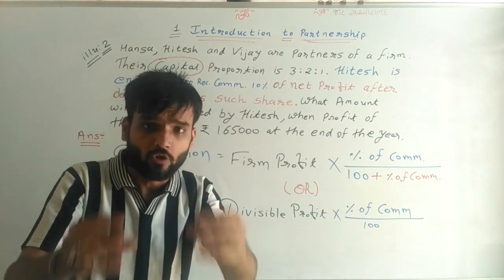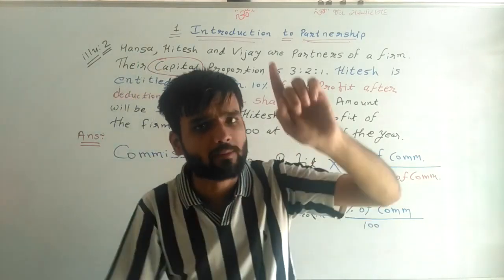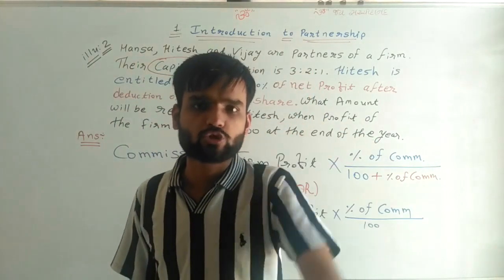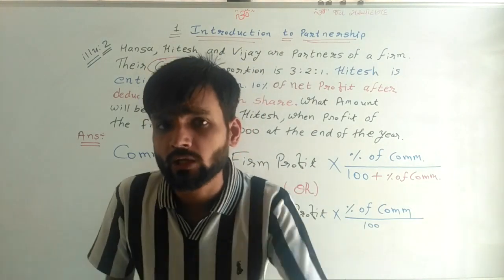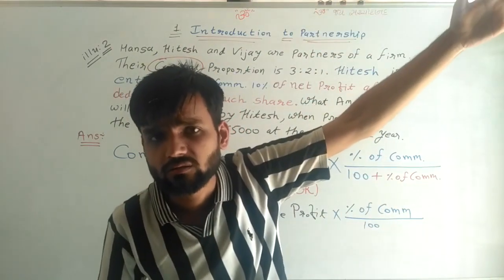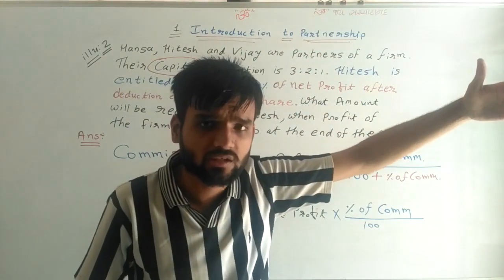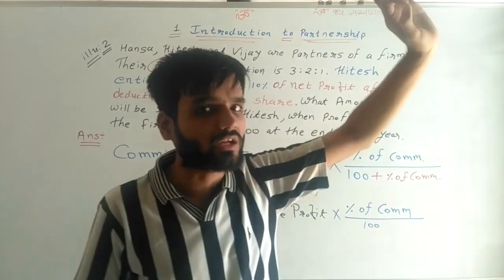Now whenever there is no information about the profit and loss proportion, what should the profit and loss proportion be? Remember my past lectures: Partnership Act 1932.